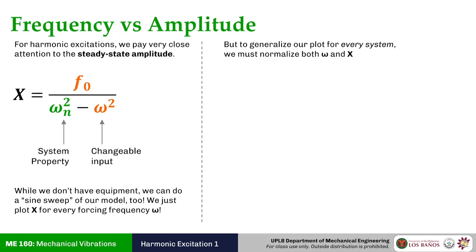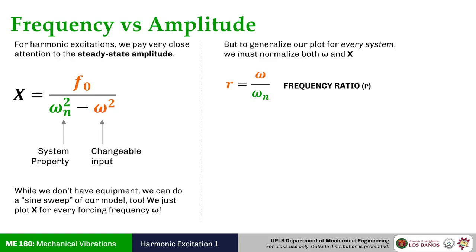In order to do that, we're going to define this ratio called the frequency ratio R. So take note, this is another R, but from this point on, R will be mostly the frequency ratio. For the overdamped response, I just picked R at random because some reference chose it. Okay, so I didn't pick it at random, the reference picked it at random. Maybe they didn't anticipate using R for the frequency ratio.